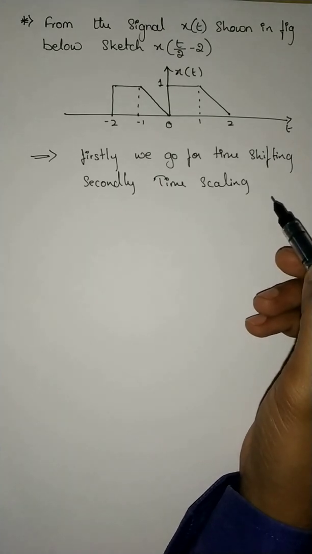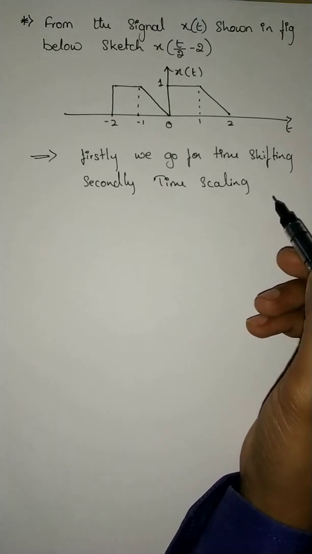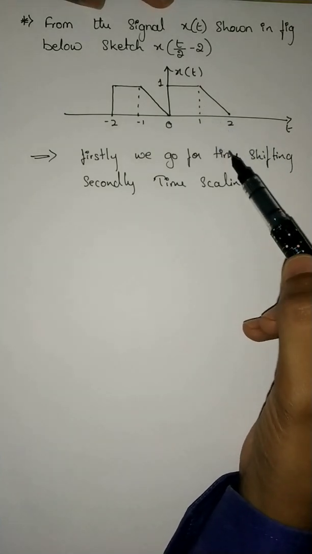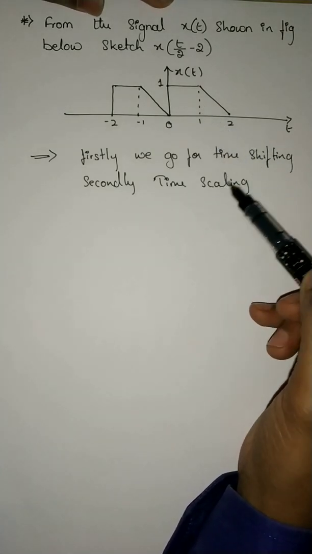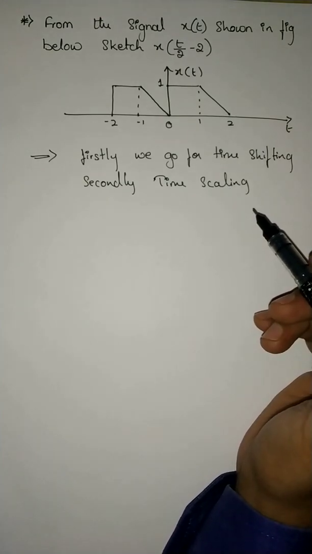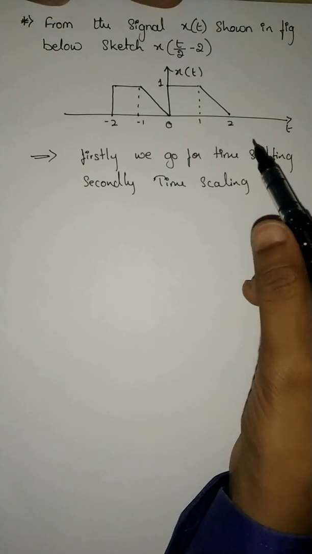Time shifting, time scaling and time folding are the three basic operations performed on the signals, and on a priority basis we go for time shifting first, second time scaling, and lastly time folding for a better and easy way to solve a problem. Okay.